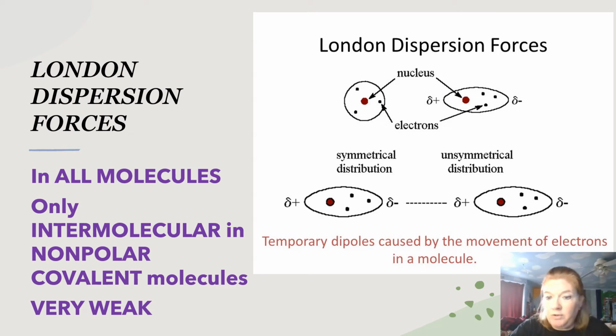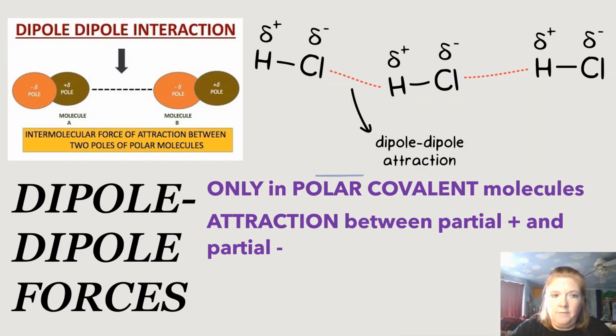So what about polar covalent? What do they have? Well, they have dipole-dipole forces. Remember, the electrons are pulled more strongly to one side, so we have these partial negatives and these partial positives. Dipole-dipole forces are those attractions between the partial positive and the partial negative.